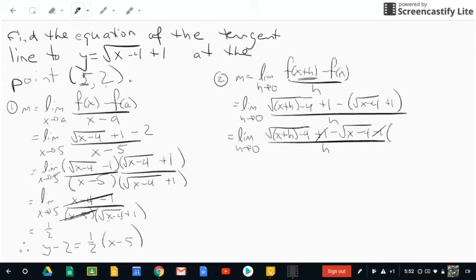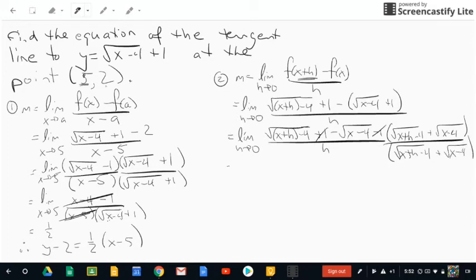So what I'm going to do is multiply numerator and denominator by that binomial conjugate: the square root of x plus h minus 4 plus the square root of x minus 4. And we multiply that in the numerator and denominator here.